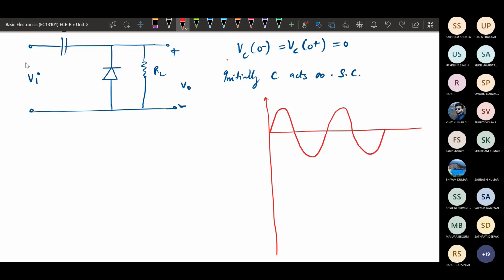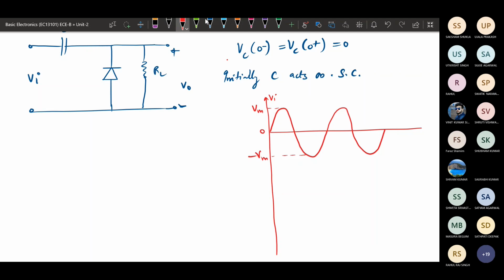Suppose this is our V input, its maximum value is plus Vm, its minimum value is minus Vm, and the DC value is 0.